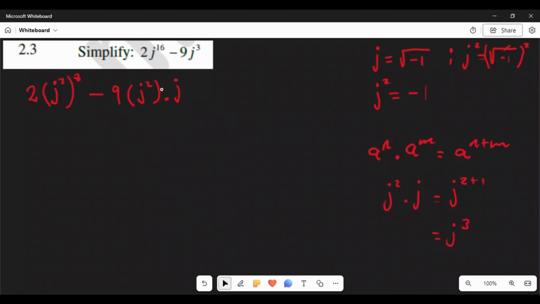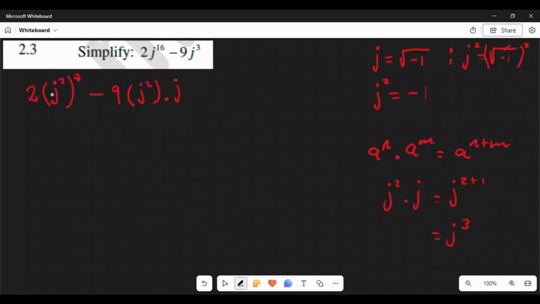So whenever it's an odd number, chances are you have to do it this way. You have to take that remainder and put it on the side, then you're left with the even number here as an exponent, right? So I hope you understand how I did this one here.